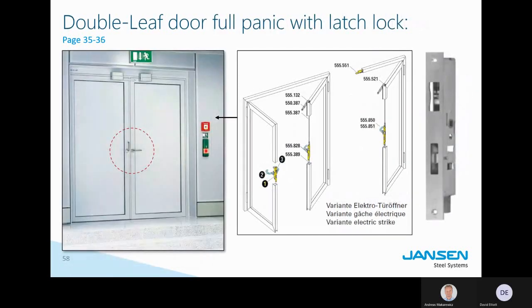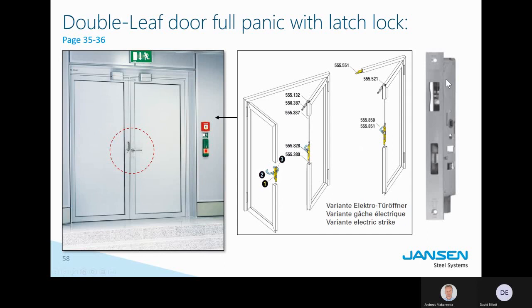Okay. If you have a double leaf door with the full panic function, so meaning both leaves of the door have to open, and if you activate the secondary leaf and the door is locked, you have to have some device that will unlock the primary leaf.